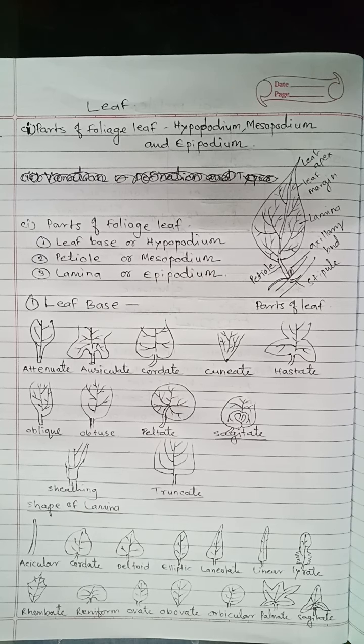Obtuse, basal margins approximately straight. Peltate, having petiole attached away from the margin on the underside of blade.